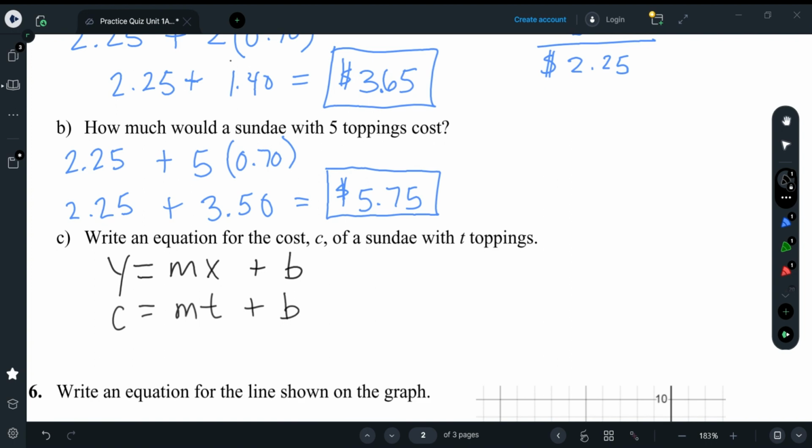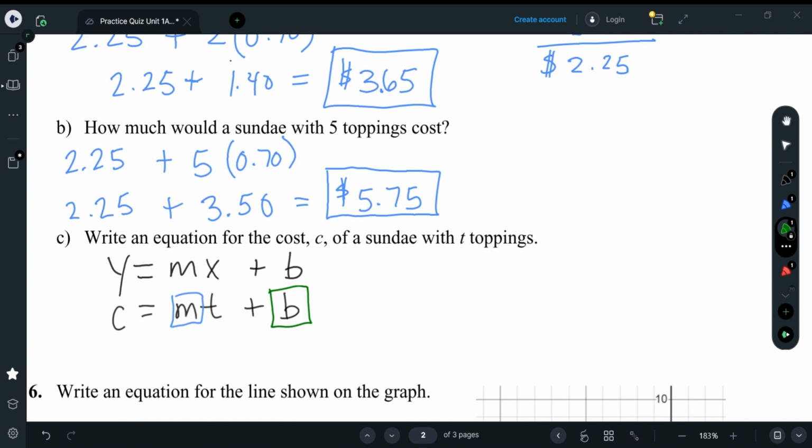Okay, and now to write our equation, we just have to fill in an answer for slope and for y-intercept. Remember, the slope is the amount that can increase depending on how many you have, right? It's not the fixed amount.